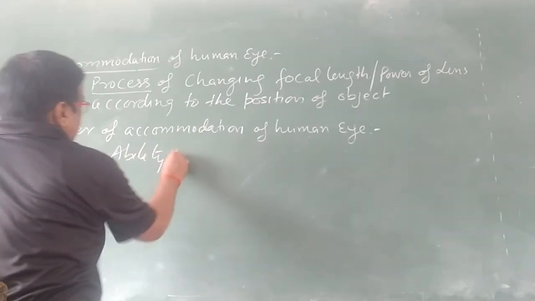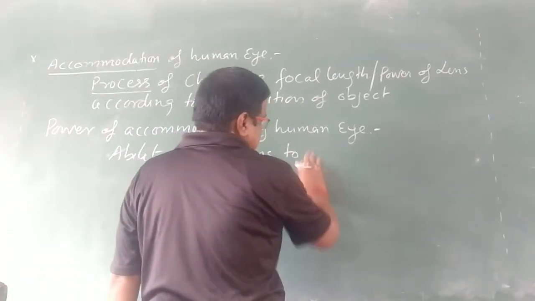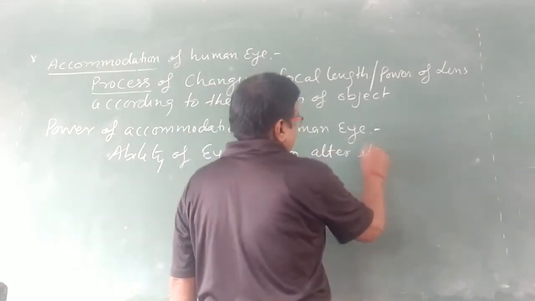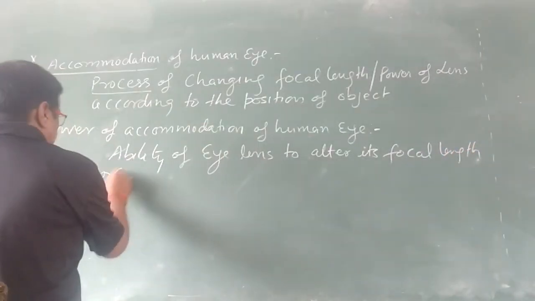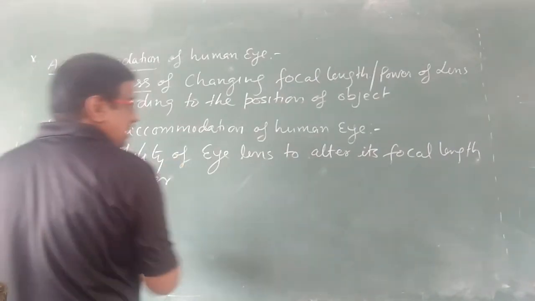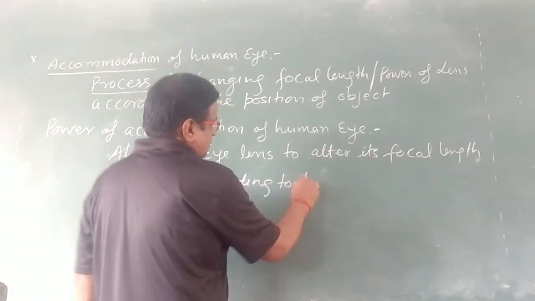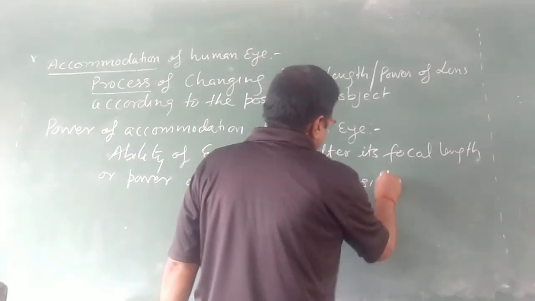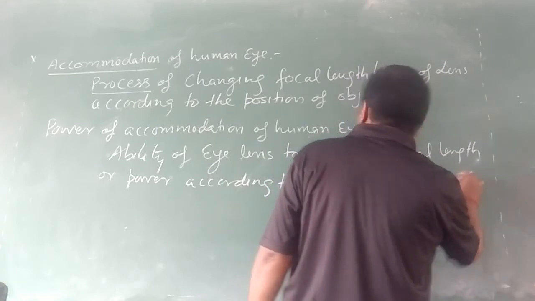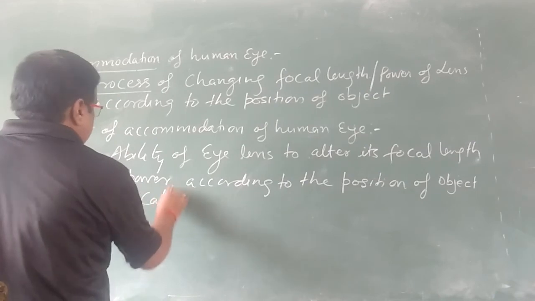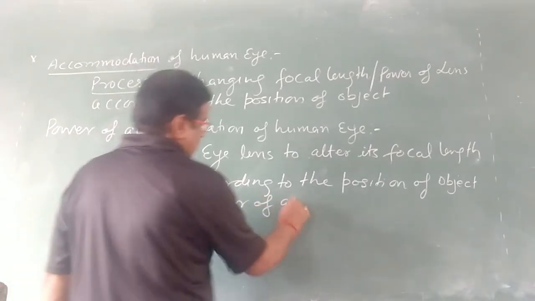Ability of the eye lens to alter its focal length or power according to the position of the object is called power of accommodation.